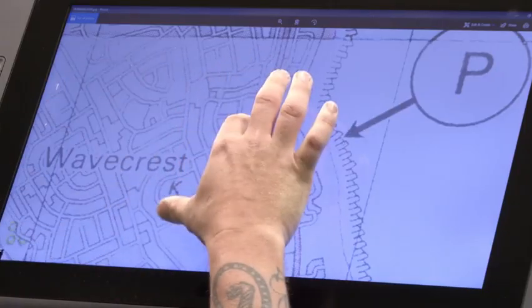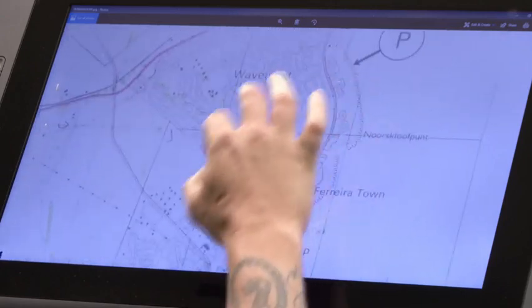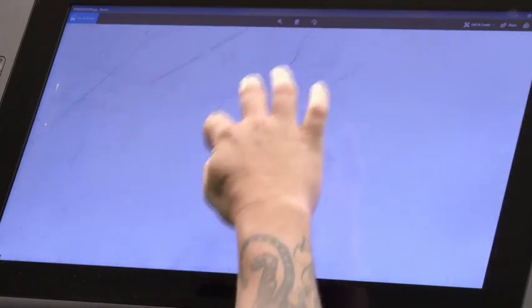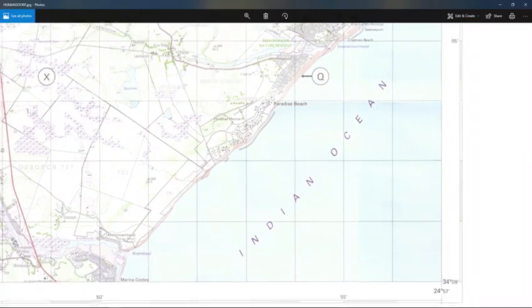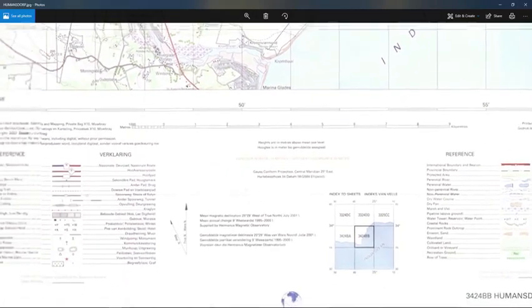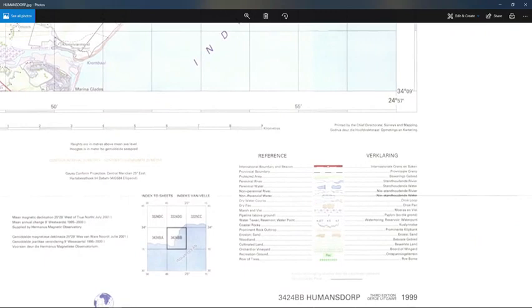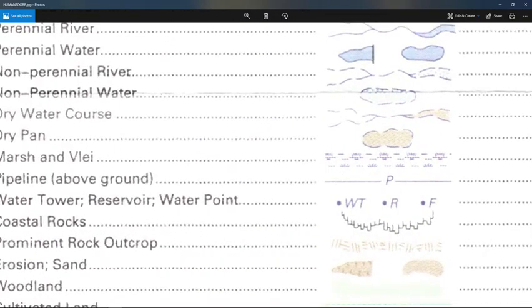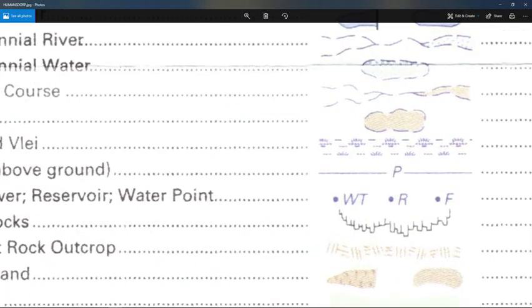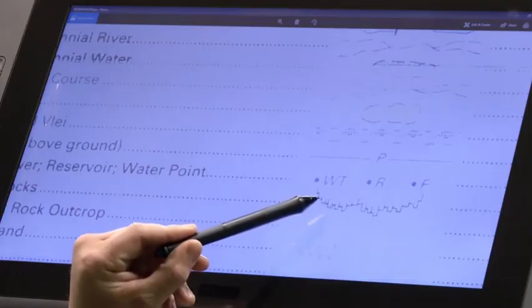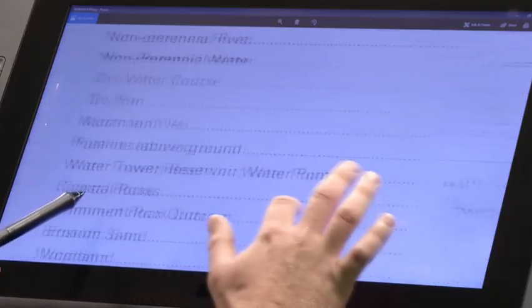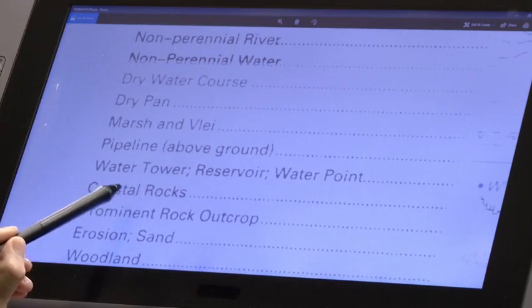And once again, you just go down to your map references and you look for this symbol that's being used over there. And it's on this side. This looks very familiar. Do you agree with me? And the correct answer for that will be coastal rocks.